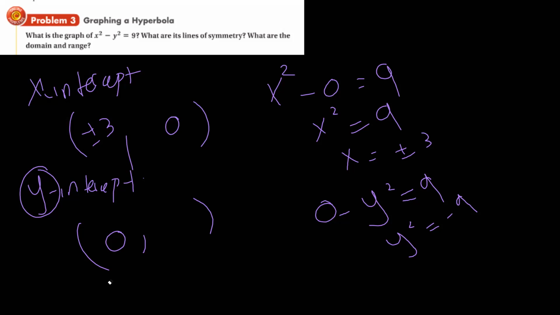What is the value of y? Can you find it? Or is there a number that if I multiply it by itself, I will get negative 9?